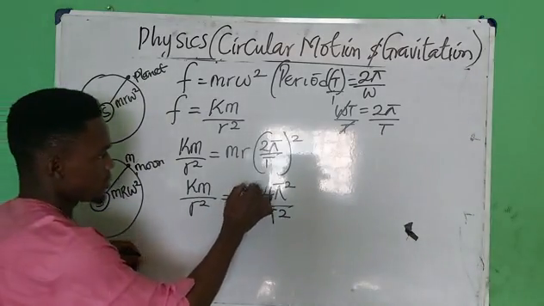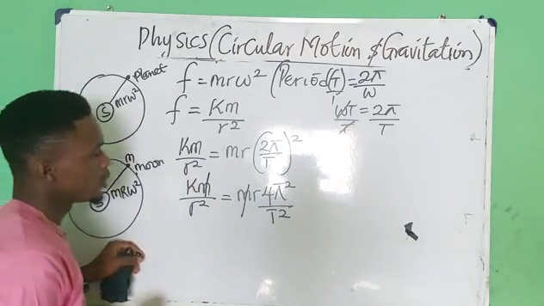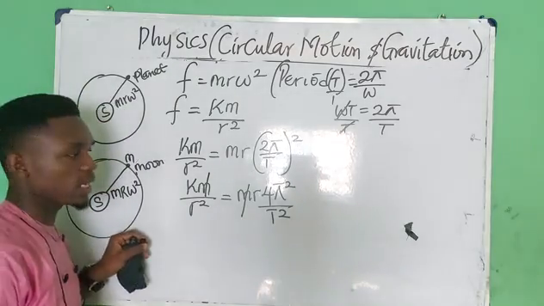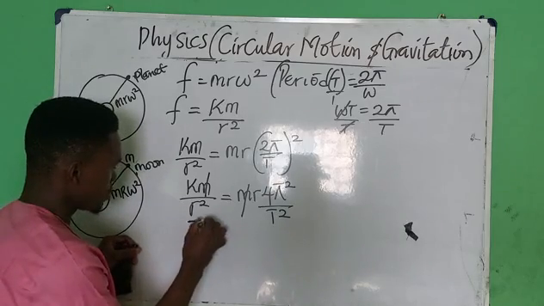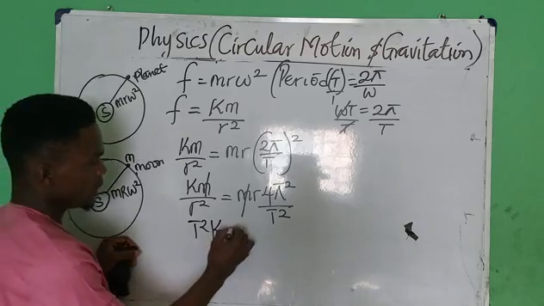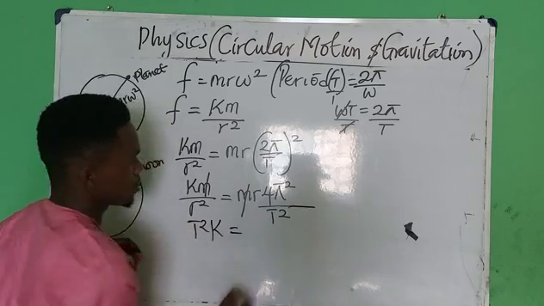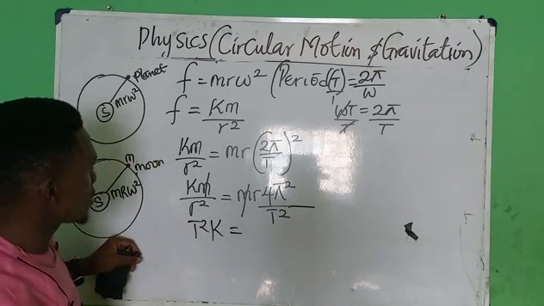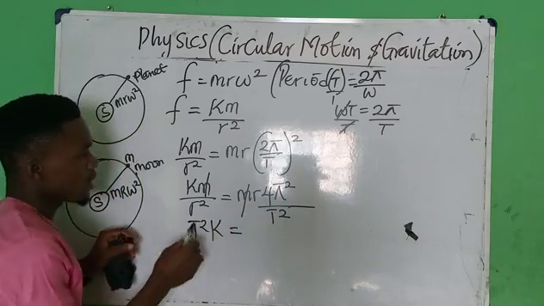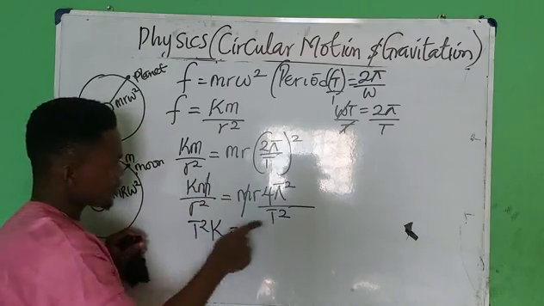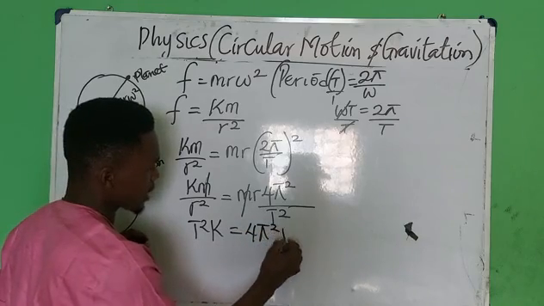So mass is common here, mass is common here, so they have to get out. What do you do next? Cross multiply. In doing that, you have t squared k equals this times this, which gives 4 pi squared r cube.